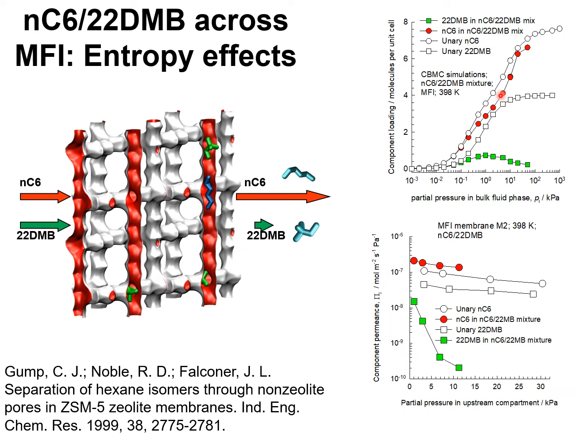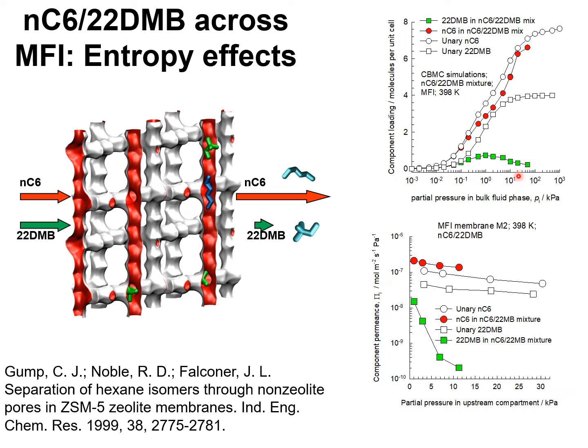So in a mixture of 2,2-DMB and NC6, the mixture adsorption is shown by the filled symbols. The red ones are for normal hexane and the green squares are for 2,2-dimethylbutane.